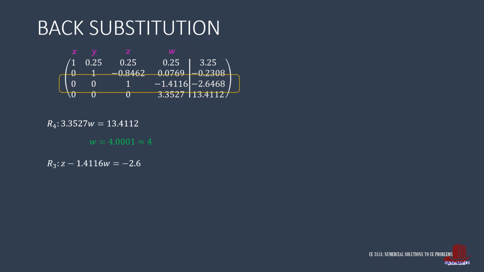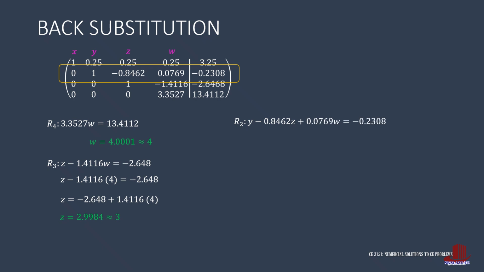The third row has z minus 1.4116w as equal to negative 2.648. Place w of 4 and get z minus 1.4116 times 4 as equated to negative 2.648. Isolate z to have negative 2.648 plus 1.4116 by 4 to have z as 2.9984, also simplified as 3.